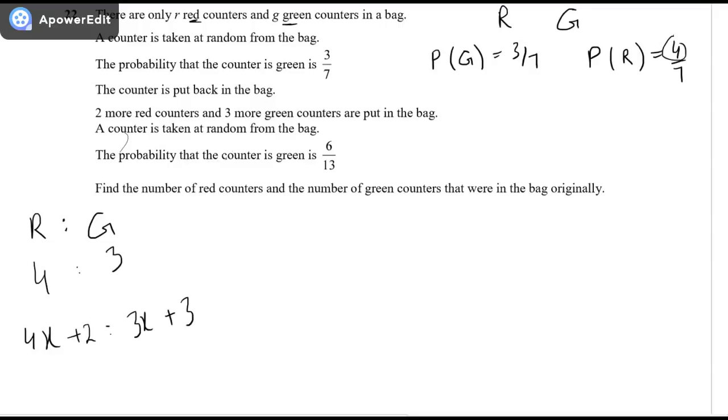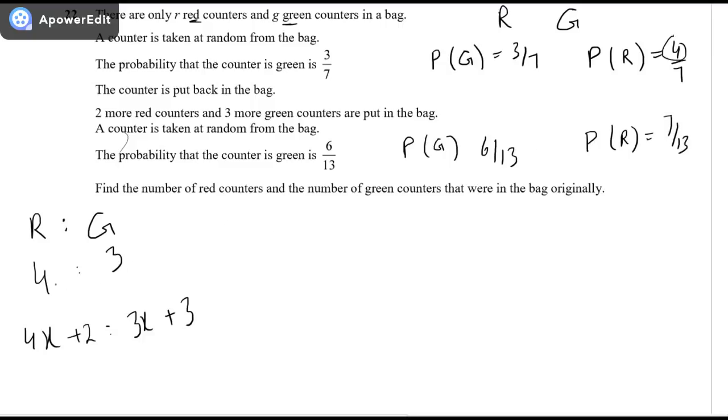Then the probability that the counter is green is now 6/13, sorry. Then what this means is the probability of red is going to be 7/13. So that makes sense.